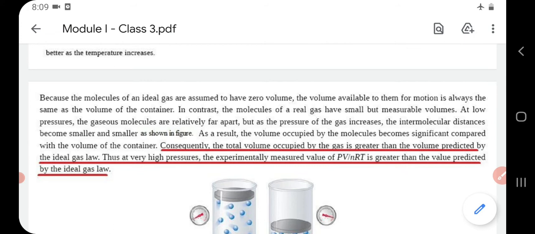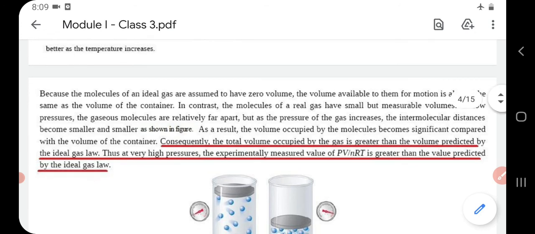So when pressure is low, molecules are far apart. When pressure is high, the intermolecular separation between the molecules decreases. That is, molecules will come close together, and hence the volume occupied by them will be comparable to the volume of the container.